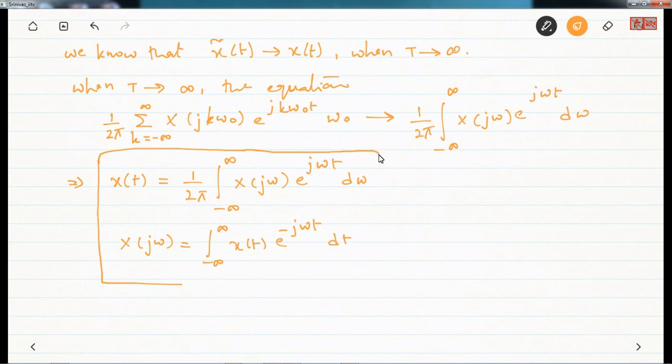This is the Fourier transform of an aperiodic signal x of t. So this is the Fourier transform equation.